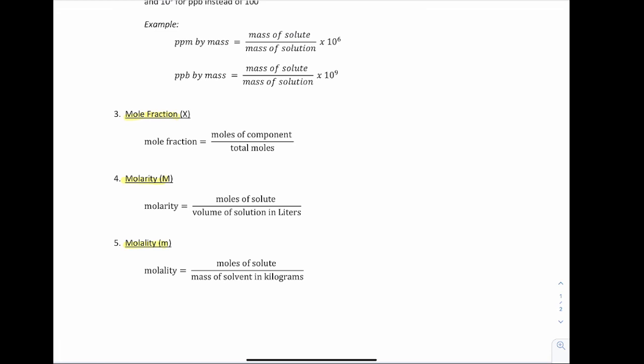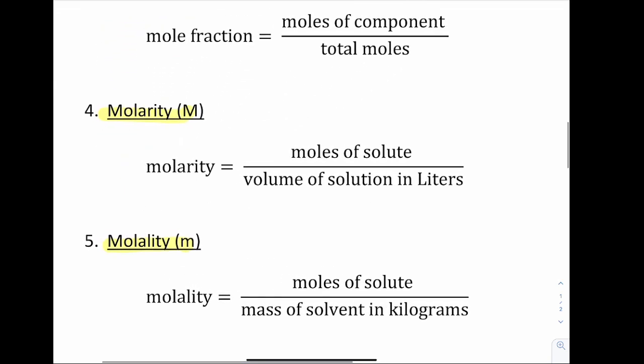Be really careful, and I will say this a couple times, not to get molarity and molality confused. There's only a one letter difference between them. This one has an R, this one has an L, and from an abbreviation standpoint, one's a capital M and one's a lowercase m.